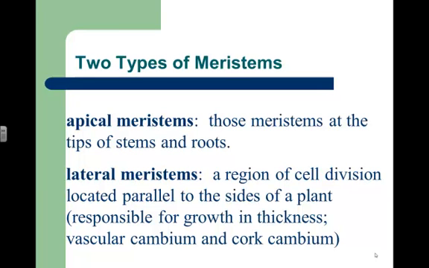Apical meristems are the ones at the tip of the roots and stems, which is going to be lengthening, growth of length. Lateral means sides. So lateral meristems is going to be between the xylem and the phloem. And it's going to be what's producing bigger growth in the thickness or the width of the plant.